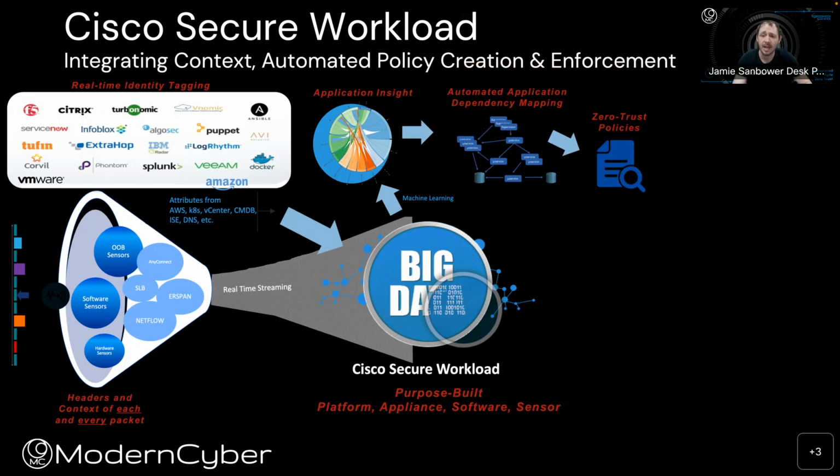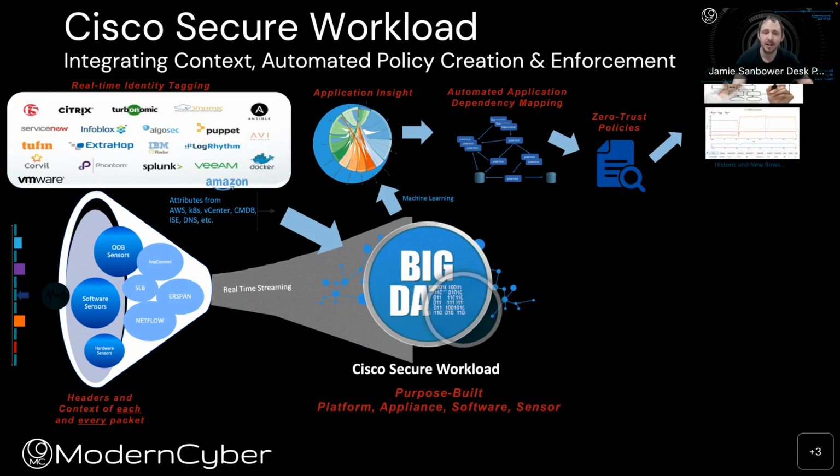From here, we can actually generate the policies and start to look at an actual simulation of what would be allowed, what would be denied if we would have implemented that policy today, tomorrow, or go back in time and actually look at historical data and say, hey, if this policy would have been implemented 30 days ago, what would have been denied?